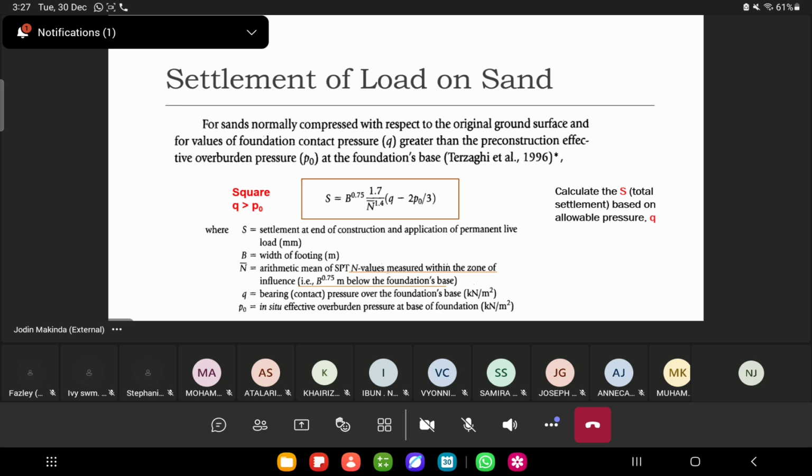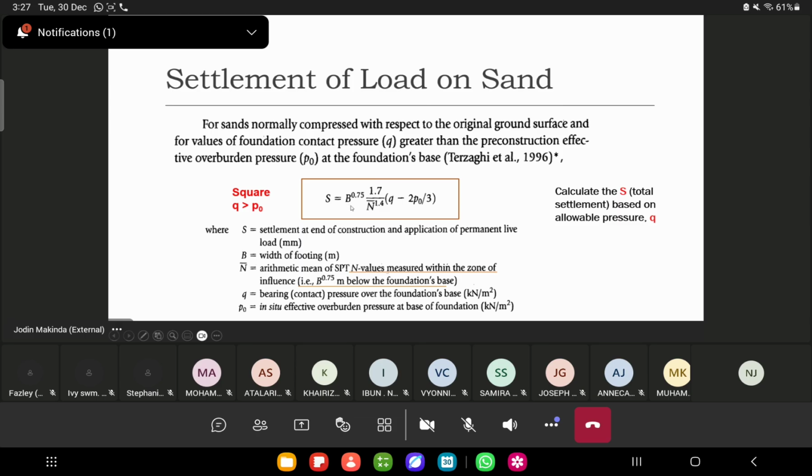If we want to calculate the settlement, see here, this first equation is the one we use to calculate the settlement based on allowable loading. If you look into the equation, S is the settlement. This is the one that we're calculating. B is the width of the footing.